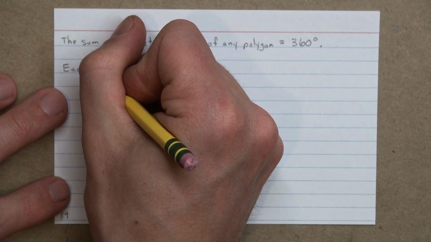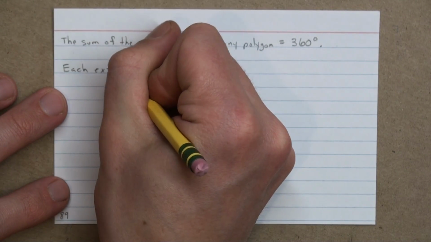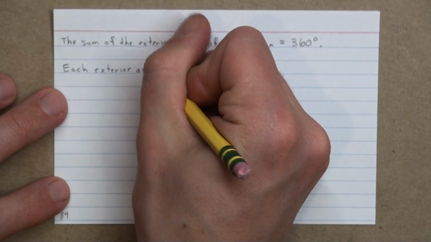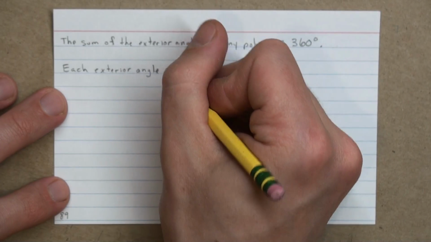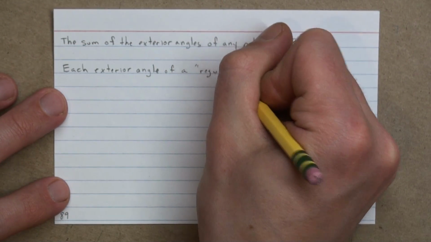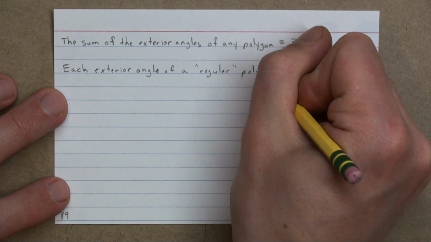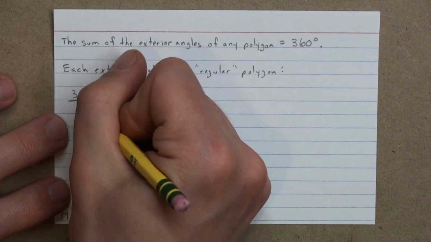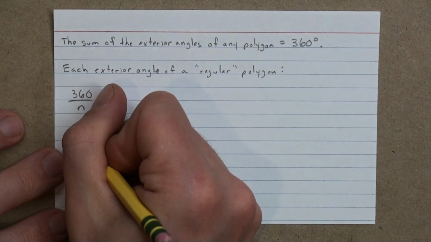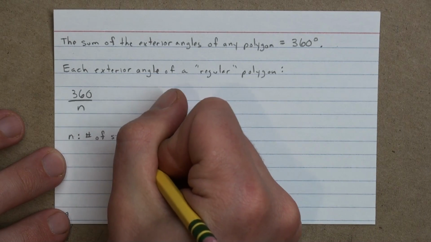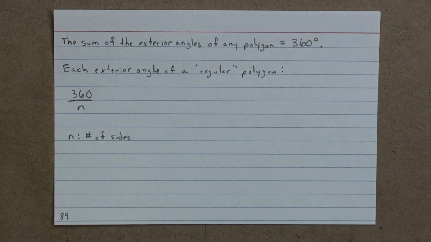And each exterior angle of a regular polygon is 360 over n. And again, n is the number of sides. Okay?